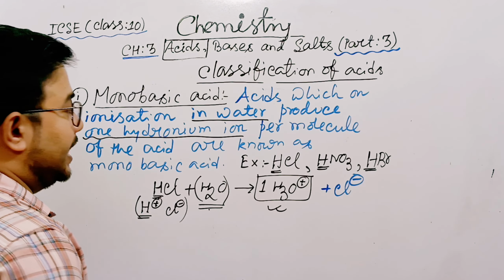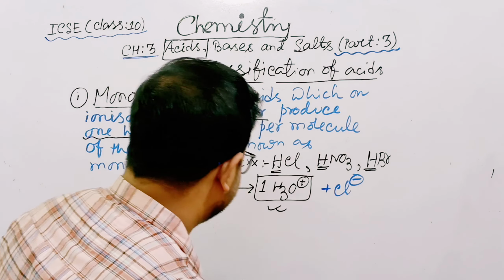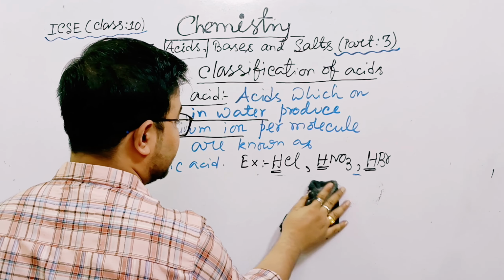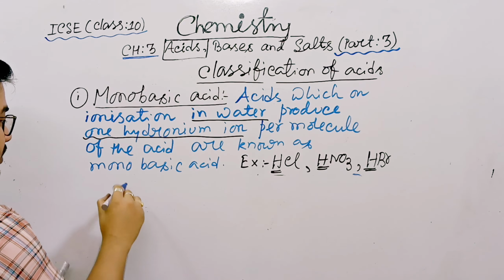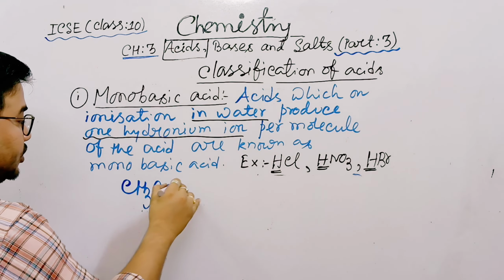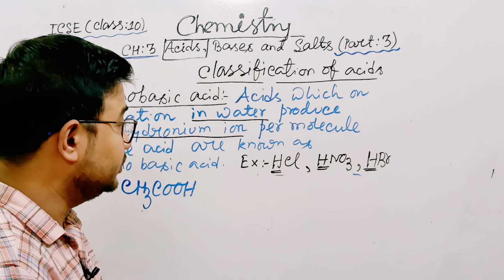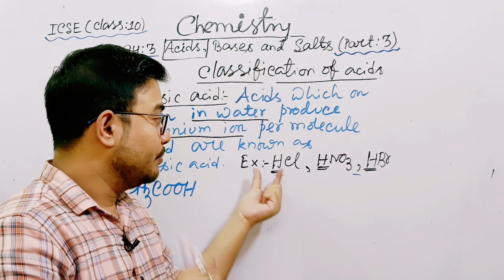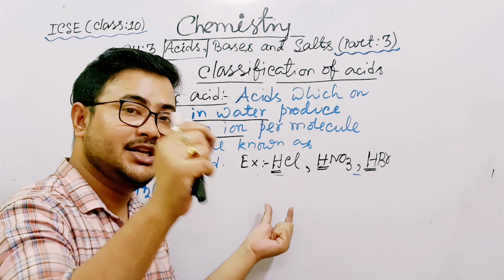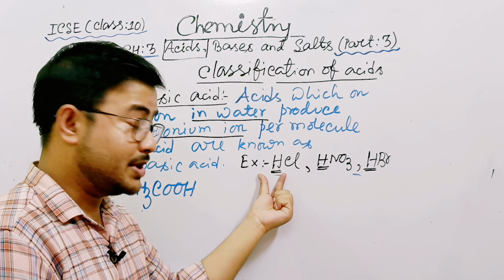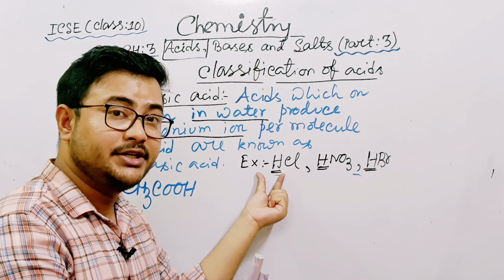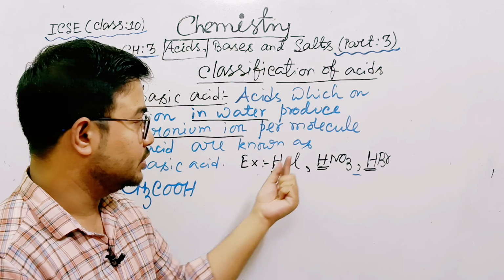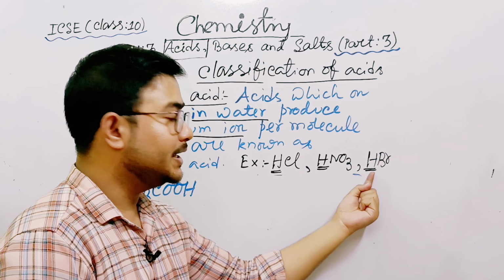Another most important example is acetic acid. Look at the board. As I told, monobasic acids generally contain one H, because this one hydrogen, when dissolved in water, produces one H3O plus.